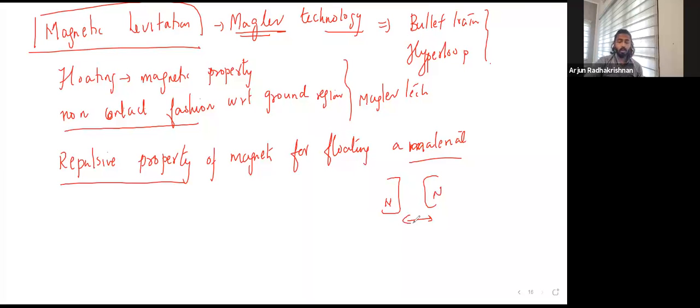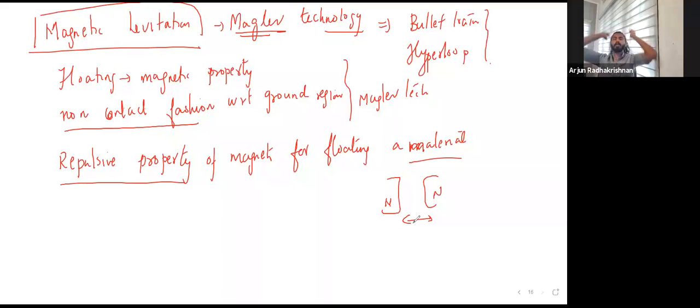All right. So in bullet trains, hyperloops, metro rail, etc., there will be a magnet attached to the train, and in the rail itself or in the ground also there will be a magnet. So what will happen? This will repel and the train will slightly float in air. Then it will travel in the air.